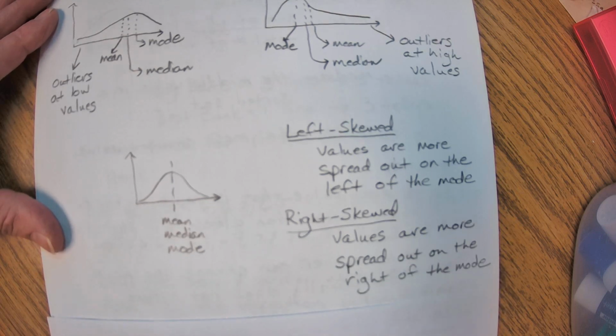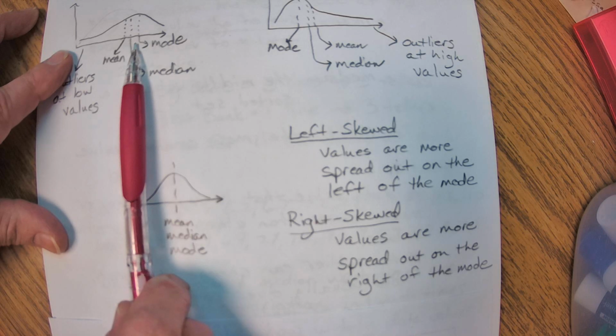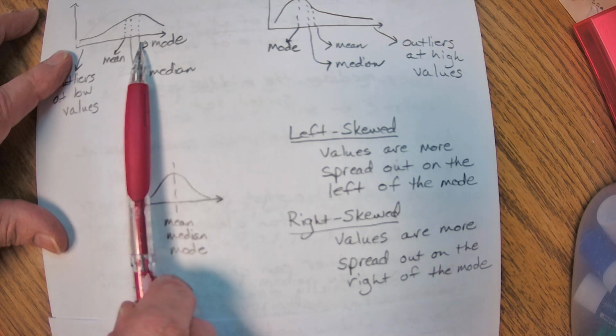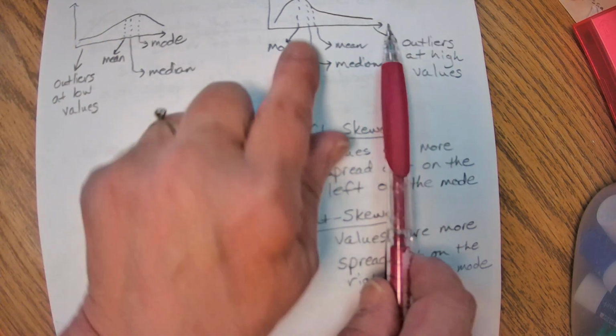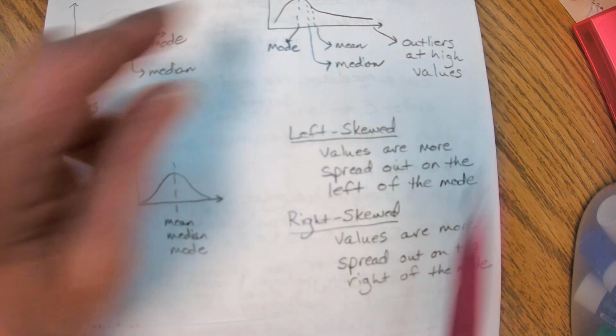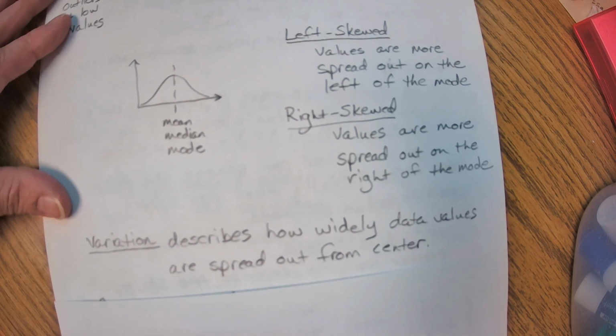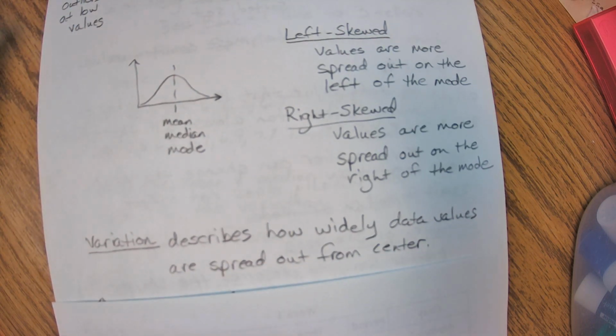So remember that in left skewed, the values are more spread out on the left end, and in right skewed, the values are more spread out on the right end, to the right of the mode. And then we have this thing called variation.